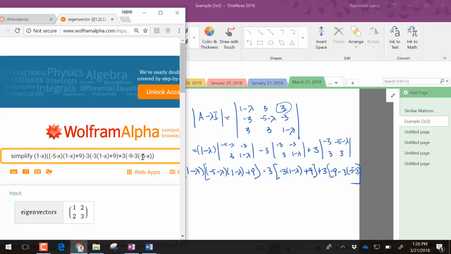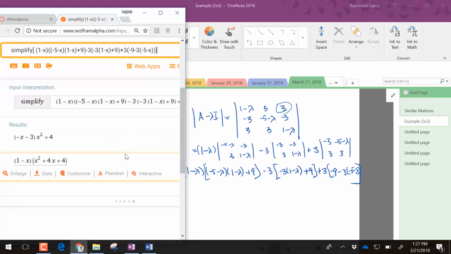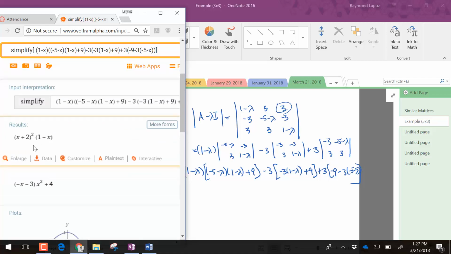Okay. Parentheses, balance, simplify. Okay, let's see what happens. So here's a nice factored form of this, which means we can have the solutions already for us, so that's good. You got x plus 2 squared, and then x minus 1, or 1 minus x.